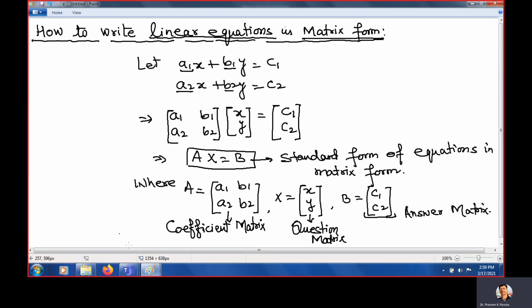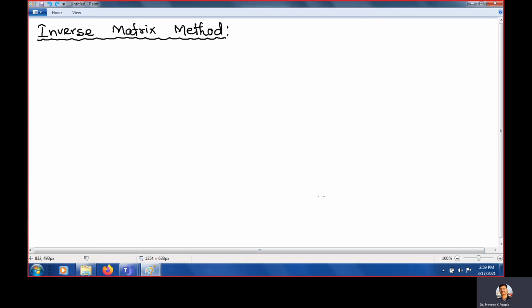Okay, so now we'll move to the method. The method is the inverse matrix method. What is the inverse matrix method? If we have the same equations like we had in the previous example, write them into matrix form.